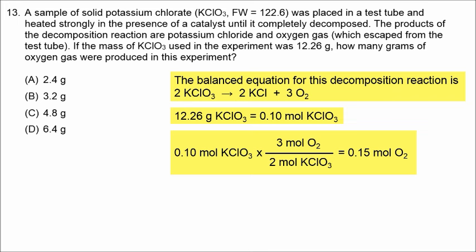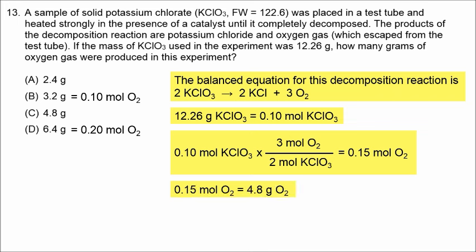That means that choice B represents 1/10 of a mole, which is incorrect. And choice D is twice as much, and that is also incorrect. The correct answer falls exactly halfway in between 3.2 and 6.4 grams. And so the correct answer is C, 4.8 grams of oxygen.